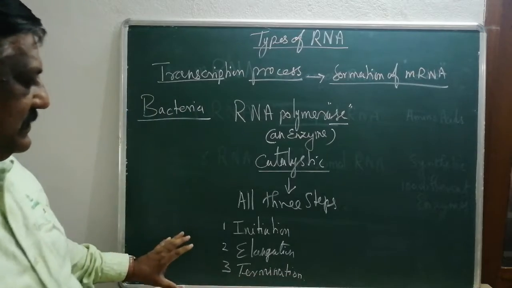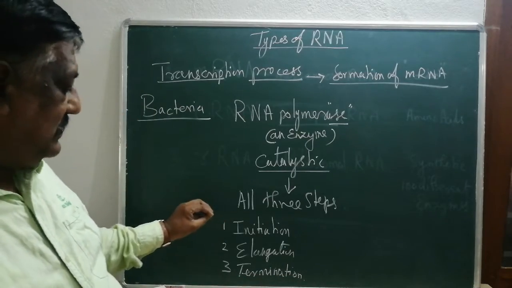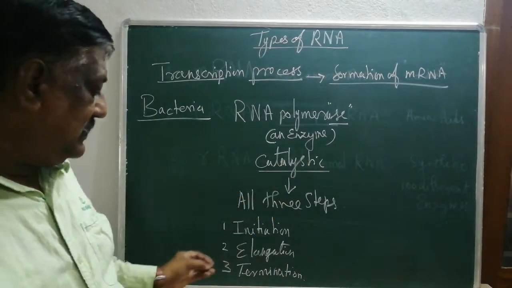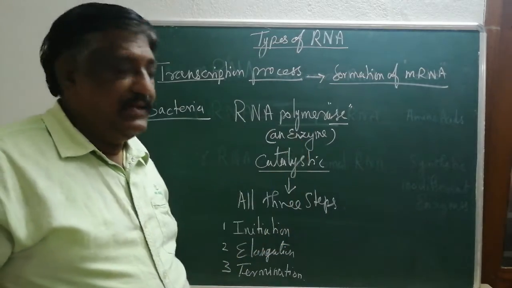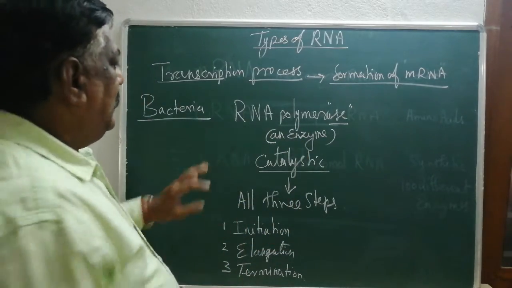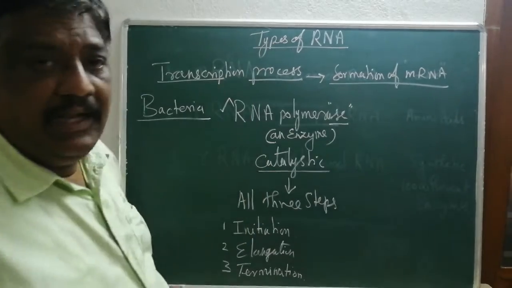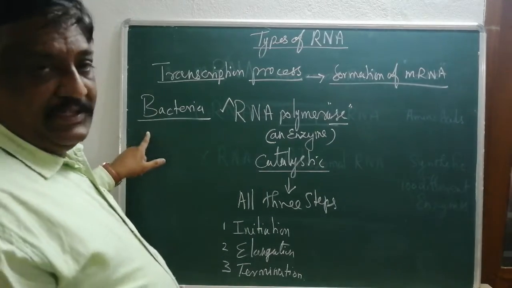So all three steps: initiation of the process, elongation of the process, and termination, ending the process. All these three are done by this single RNA polymerase in bacteria.